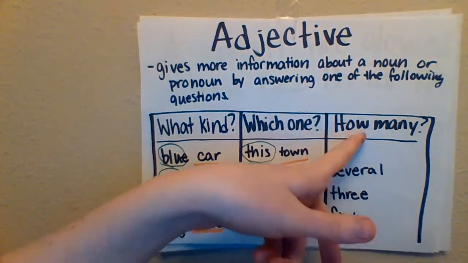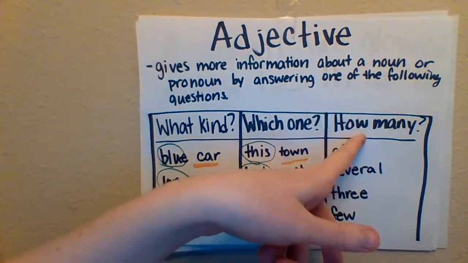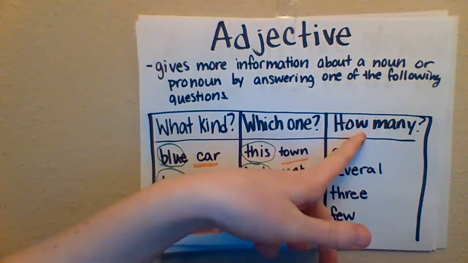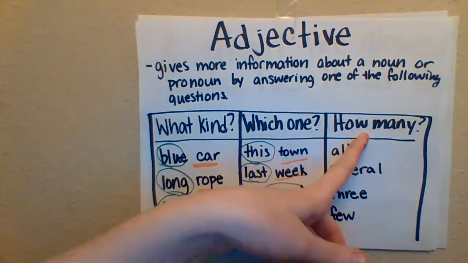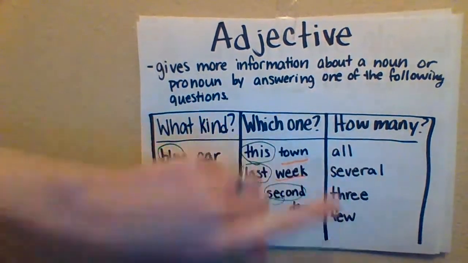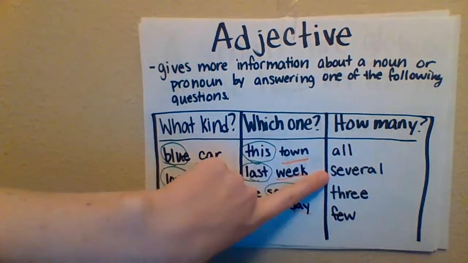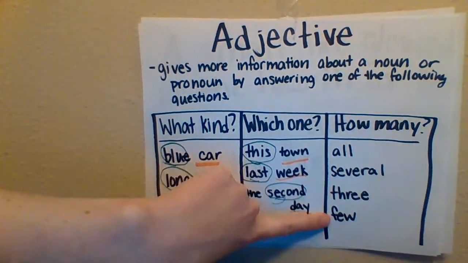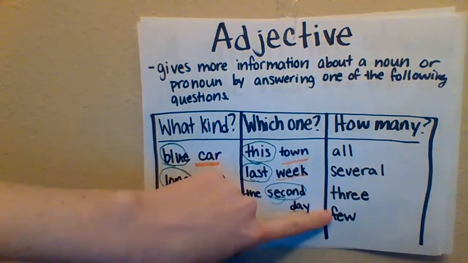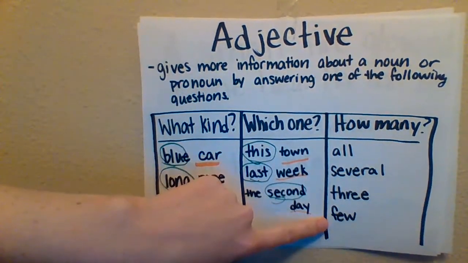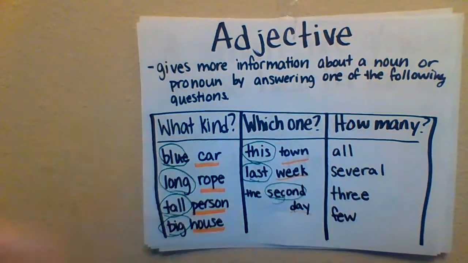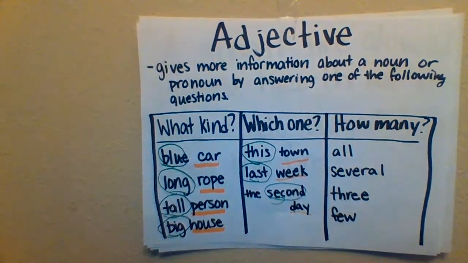So how many? 1, 2, 3, whatever it is. But how many can go beyond numbers as well. So we could say all the dogs, or several dogs, or 3 dogs, or a few dogs. All of these are answering the question of how many, even though they're not all numbers.